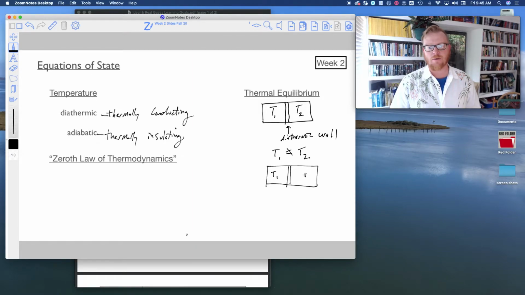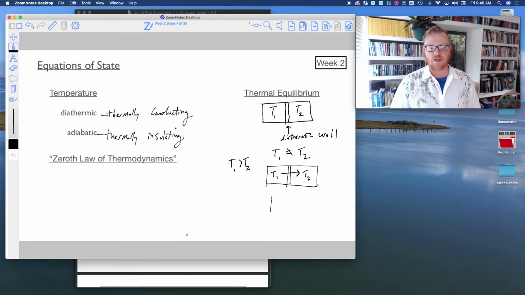If T1 is greater than T2, then heat will flow from T1 to T2, okay? So T1 will become a lower temperature, T2 will become a higher temperature.